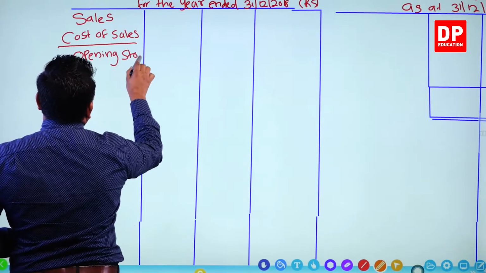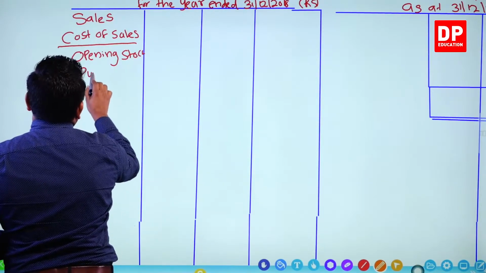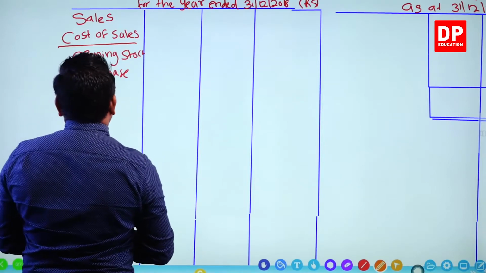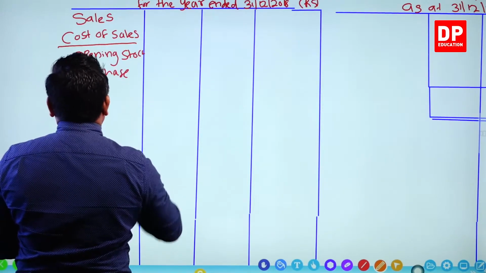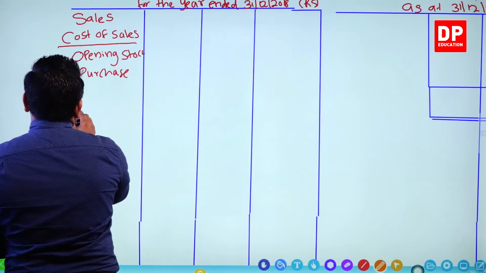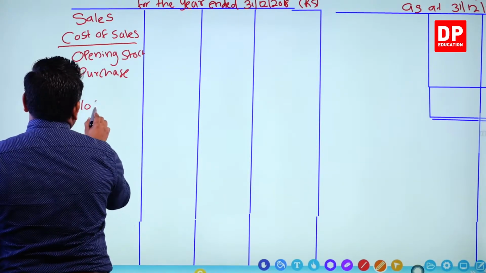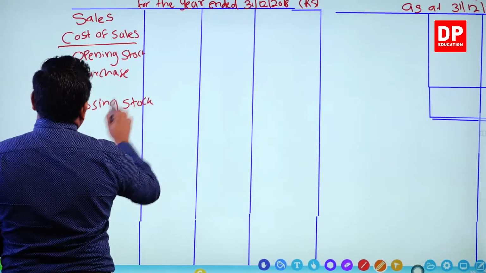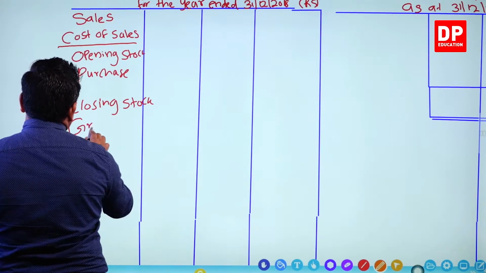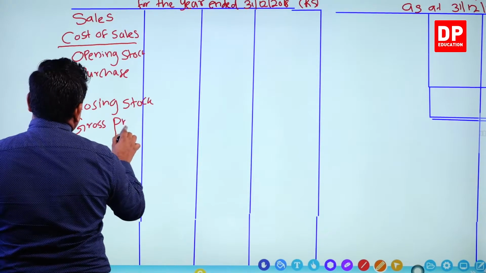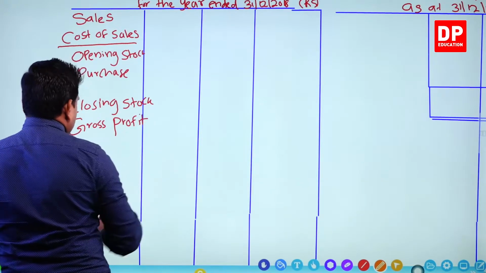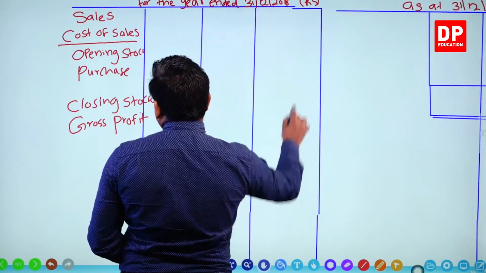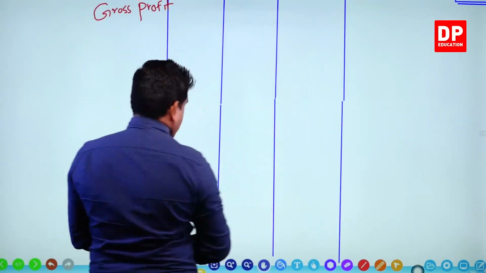The same way, purchase. Have they given any additional information, extra expenses which come under the purchase? You can give space. Closing stock. After that you can see the gross profit. Then I think you remember. Then you can classify expenses.